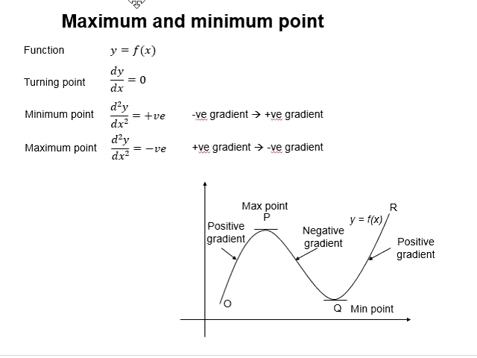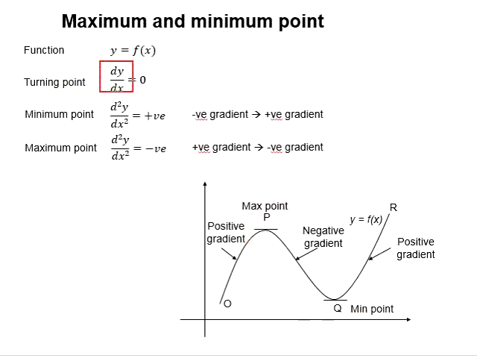In the given function of y equals to f(x), dy/dx will represent the gradient of the curve at a certain instance. The turning point will be when dy/dx is equal to 0, which is having zero gradient.